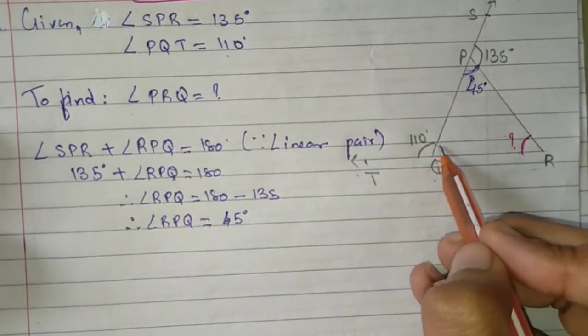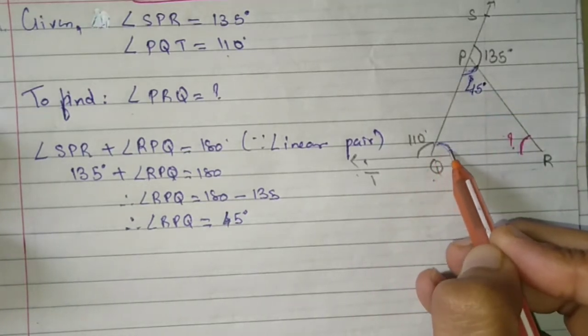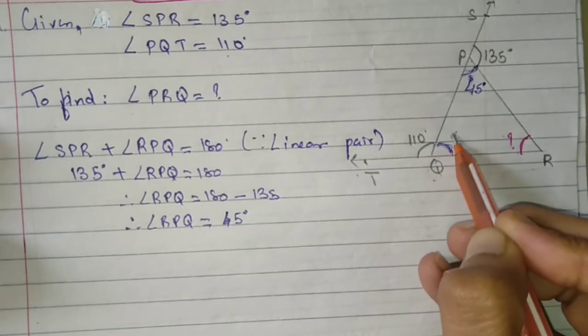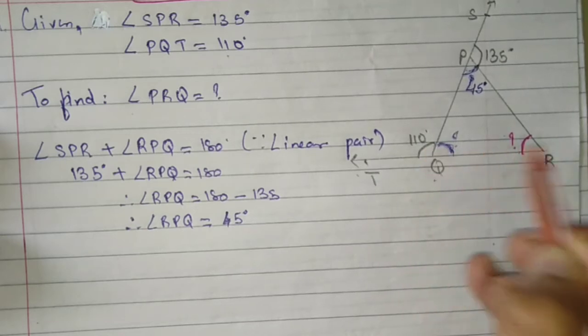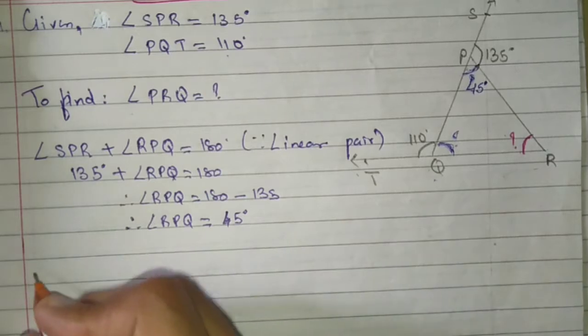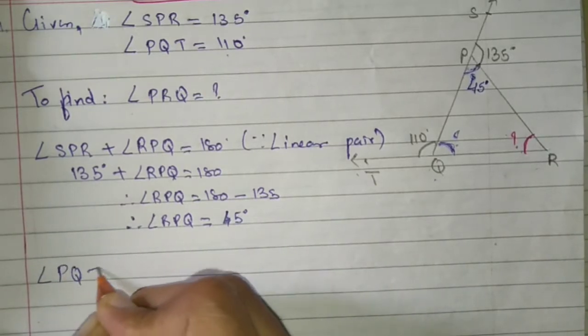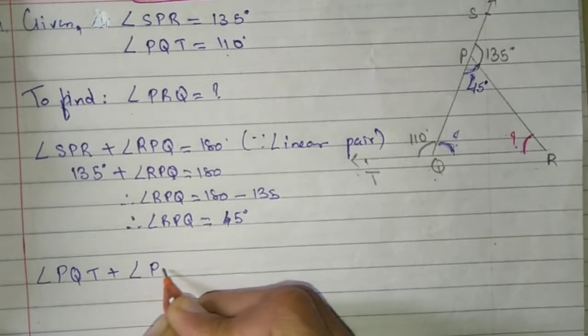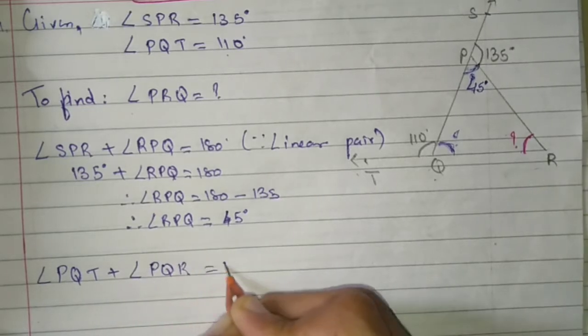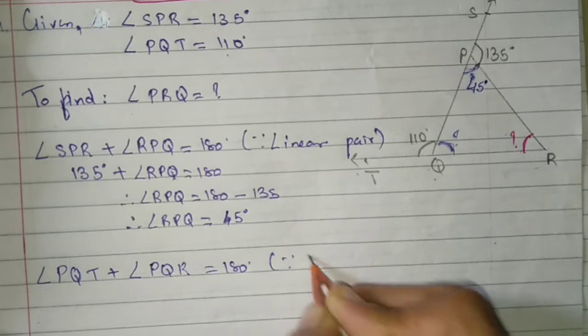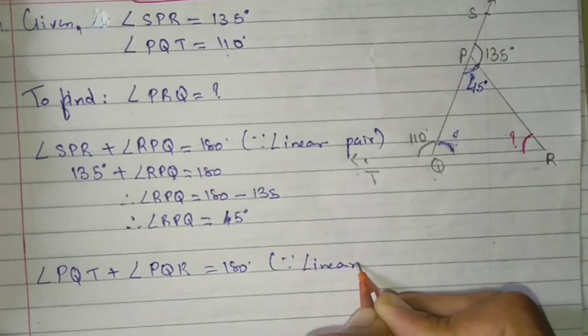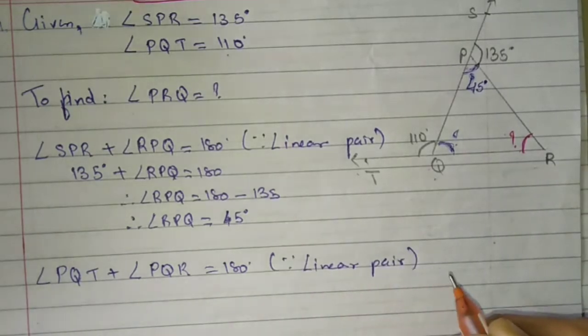In the same way, this is also a linear pair. So 110 plus x equals 180. Let us write: angle PQT plus angle PQR equals 180 because of the linear pair.